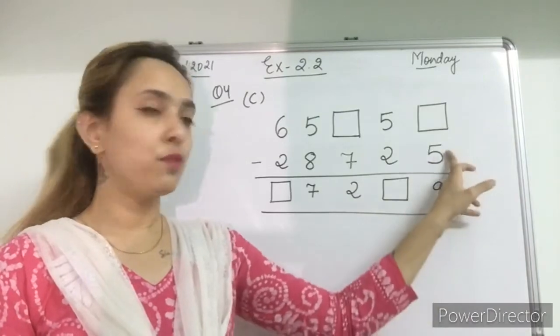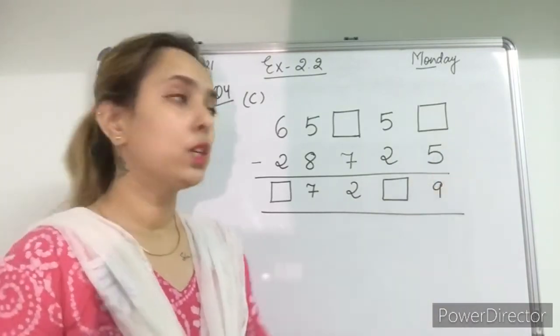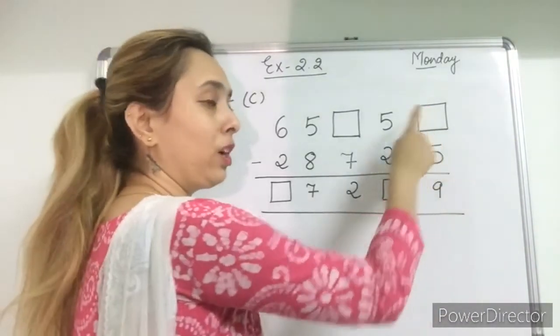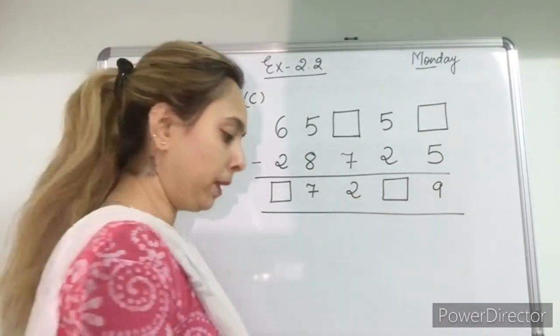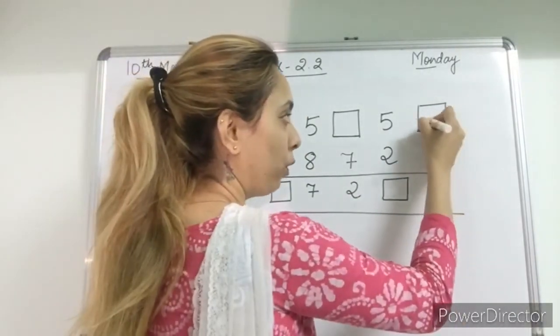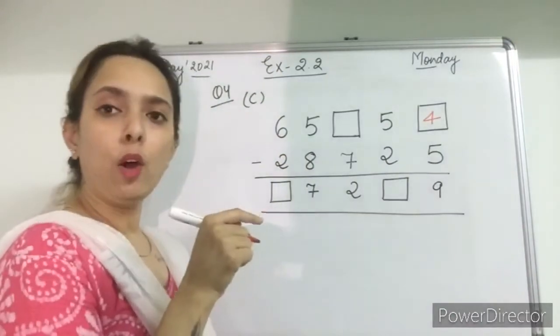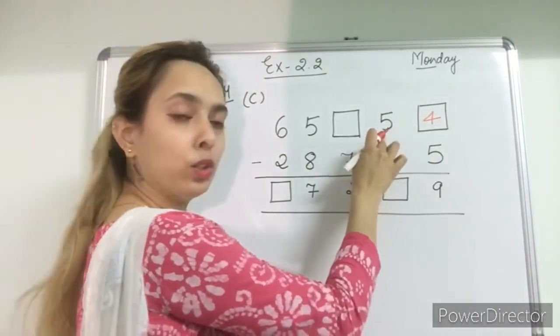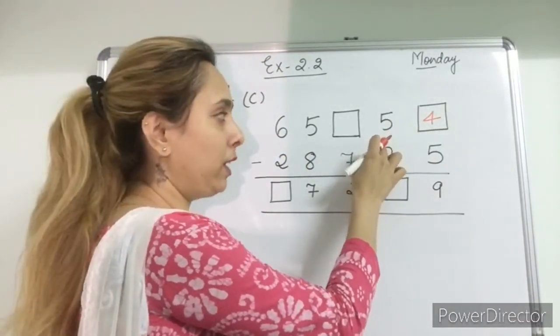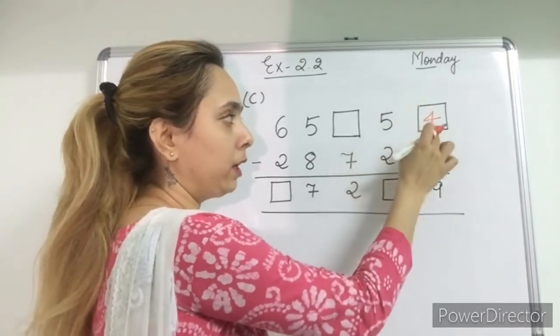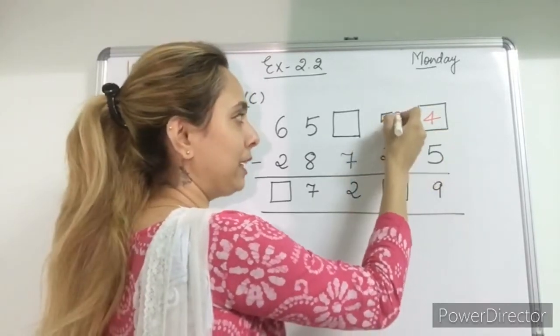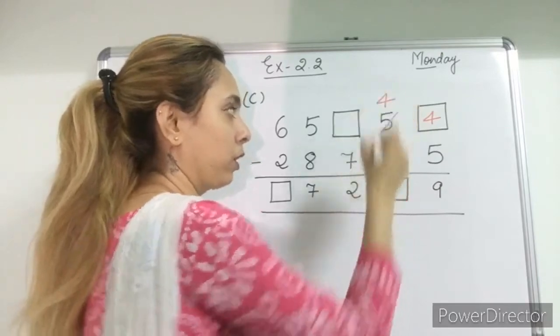So 9 plus 5 is 14. So we can't write 14 here, but we can write 4 here, and 1 of 14 will be borrowed from here. So when we are borrowing 1 from here to get 14, automatically this will become 4.